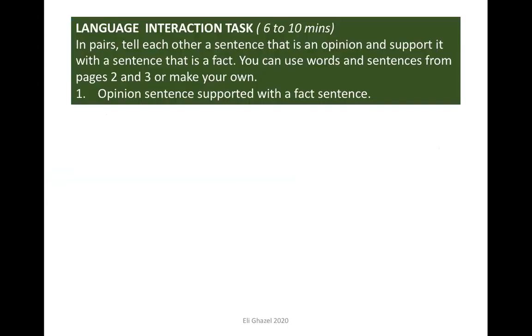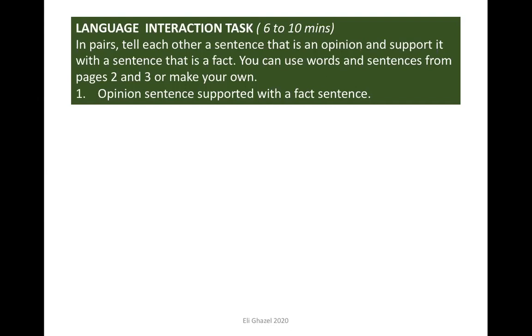And the final learning part, language interaction. Interaction is where what one student says makes another student say something, and vice versa. Reading a conversation off the page of a book is not interaction. It's not role playing.